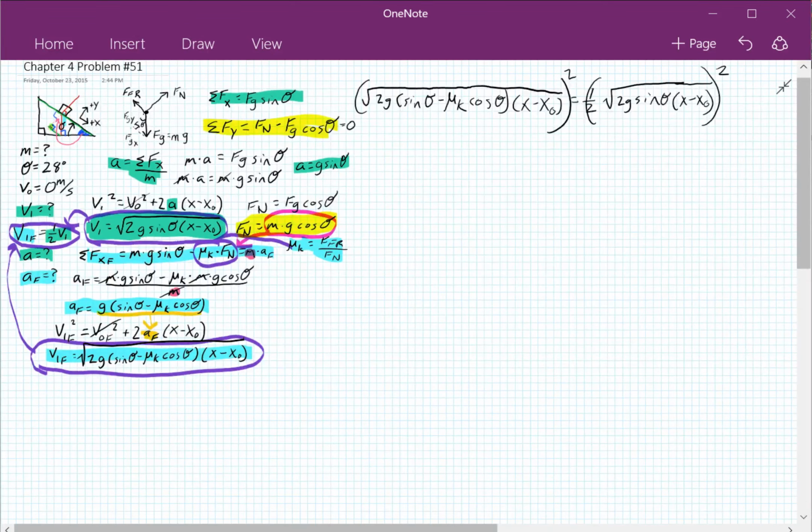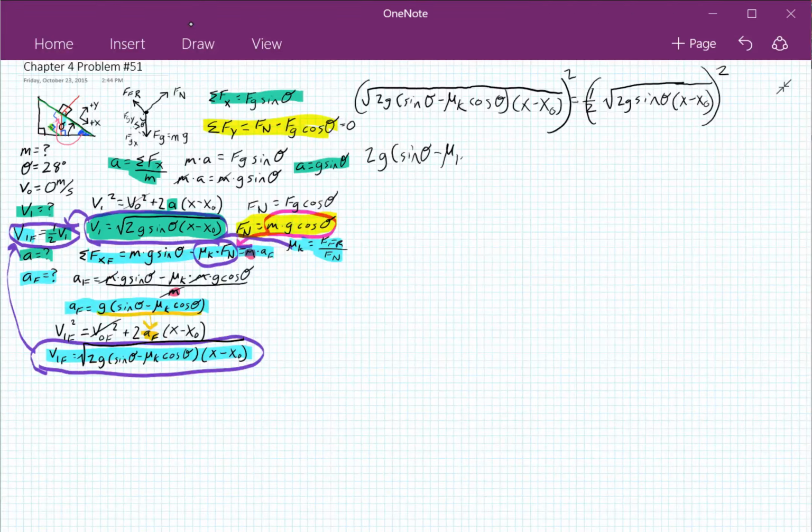So you're going to have 2g sine of theta minus the coefficient of kinetic friction times the cosine of theta times the displacement equals 1/2 squared is 1/4 times 2g sine theta, and then times the displacement.